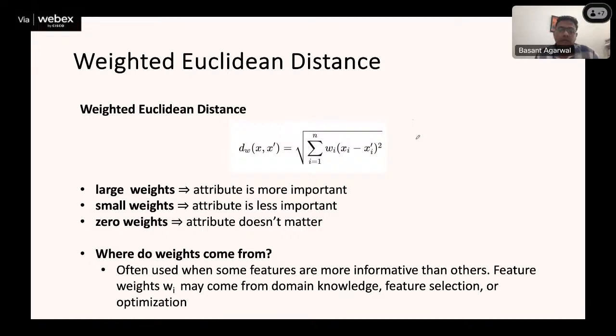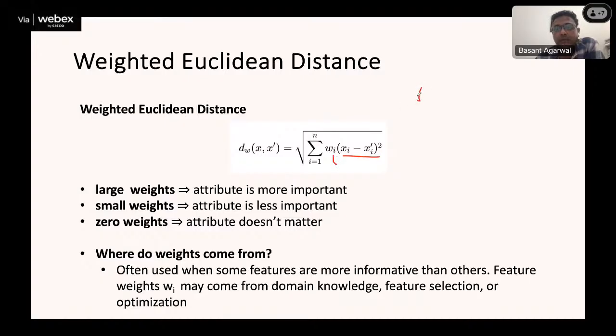And there is another way of giving weights in the distance metric. In general, k-nearest neighbor gives equal weights, but if we already have the importance of the features, we can use the weighted Euclidean distance. If you see this formula, it is a standard way of computing the differences between the different feature values, and wi lets you give a weight to each feature.